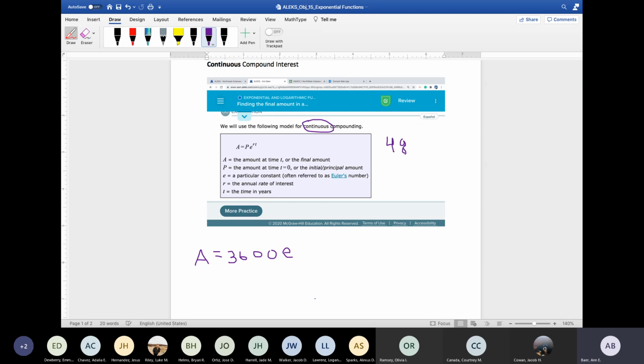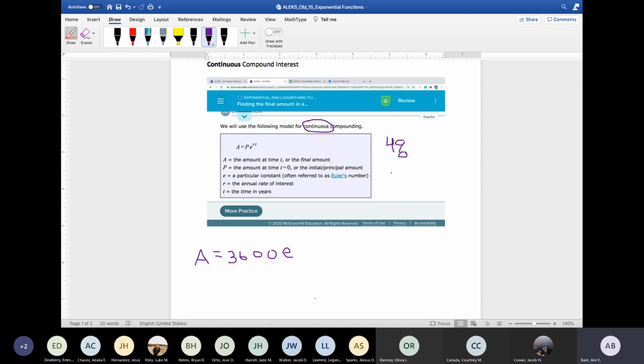Trying to make a percent sign and it's not working for me too well. Let's try again. Something like this, 4%. Use your imagination.